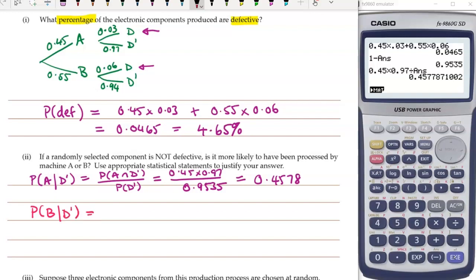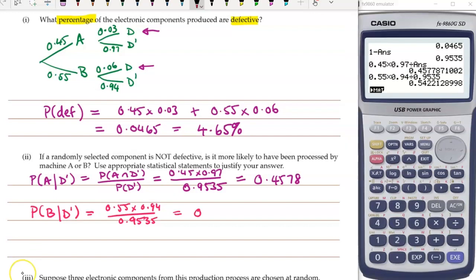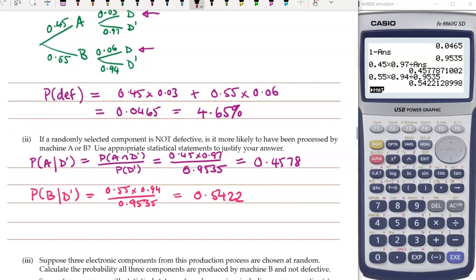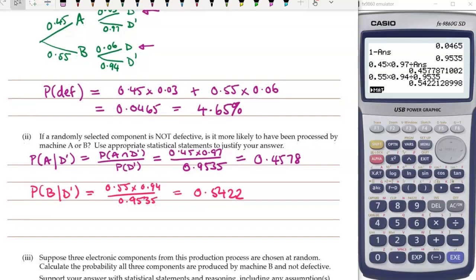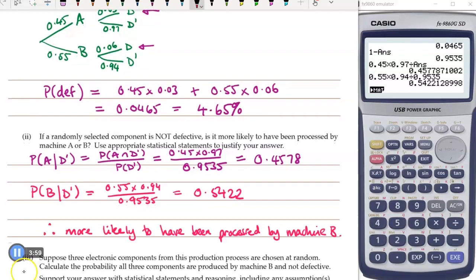So B and not defective will be 0.55 times 0.94 over the probability of not being defective, 0.9535. Which comes to 0.5422, meaning it's more likely it came from machine B.